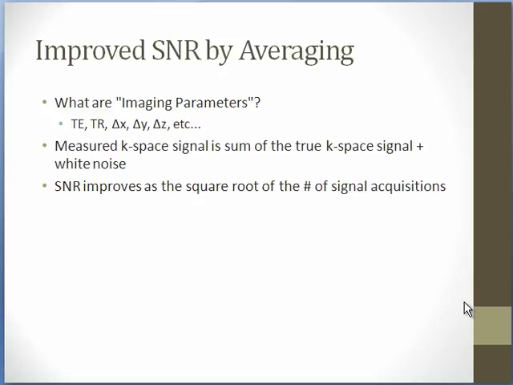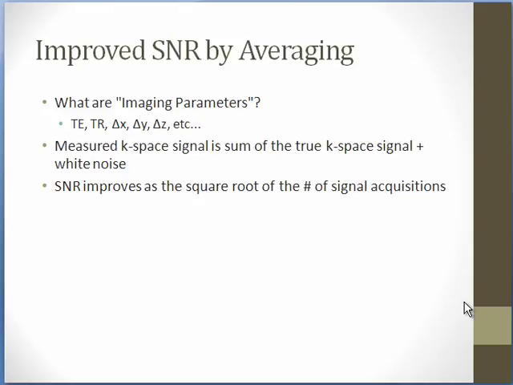So let's say the number of signal acquisitions goes from 1 to 2, then I've increased my SNR by the square root of 2, which is only 40%, but I've doubled my scan time. Now if I go from 1 acquisition to 4, I've improved my SNR by the square root of 4, which is 2, so I've doubled my SNR, but I've quadrupled my scan time.